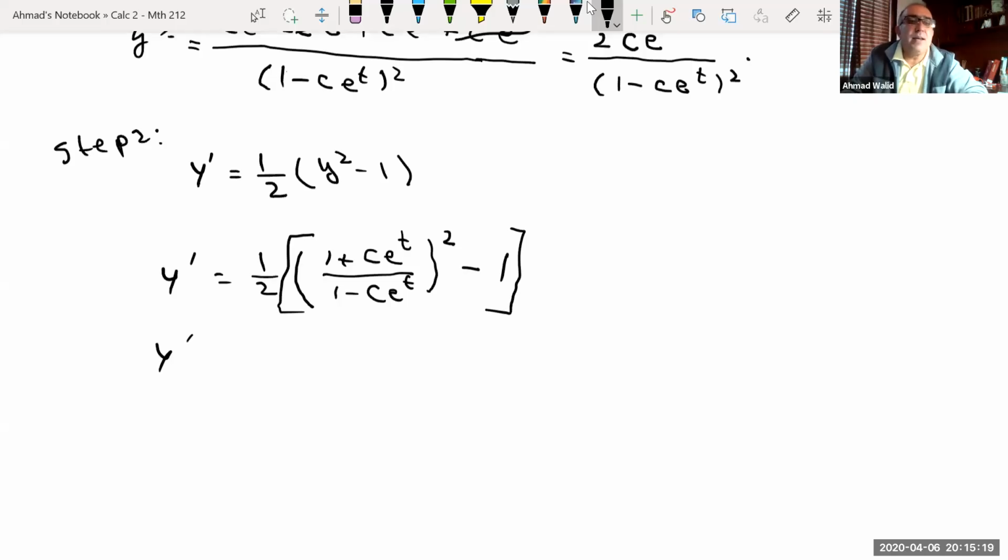Then y prime equals 1/2 times, can I write this one as a square of the top over a square of the bottom? It means 1 plus ce to the t all square over 1 minus ce to the t all square minus 1.